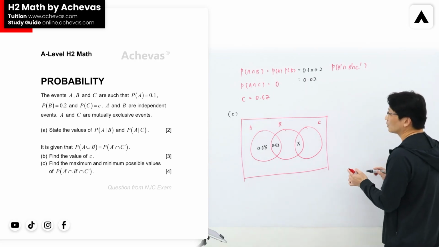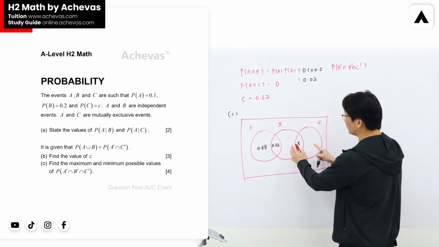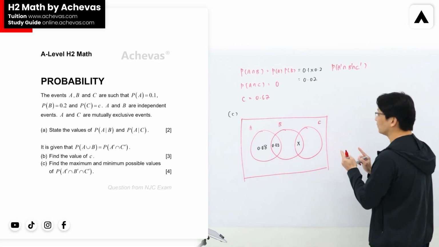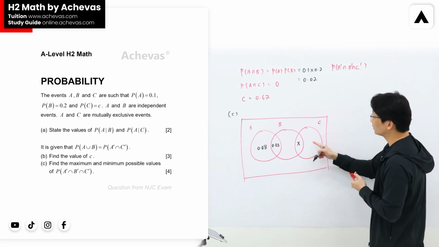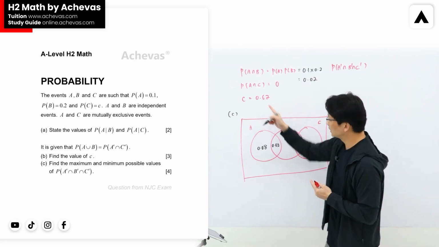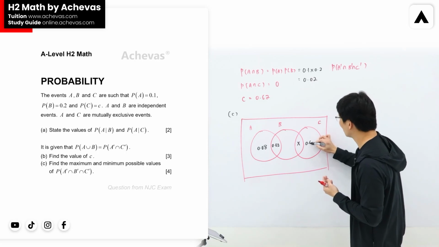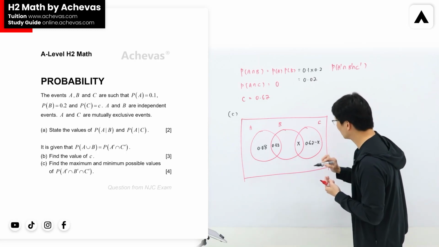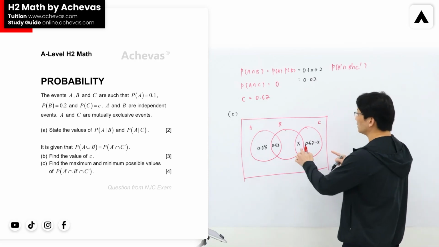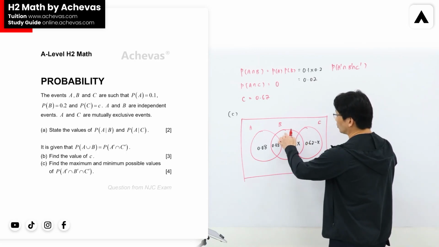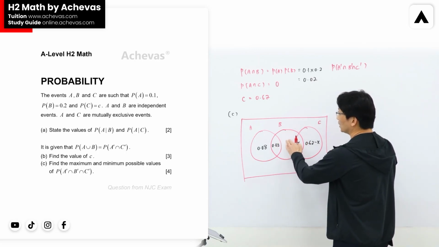And with this unknown X, I can try to fill up the rest of these regions in terms of X. For example, we know that the probability of C is 0.62 already. I can write down this as 0.62 minus X. And with all these values, I can write down this region here.